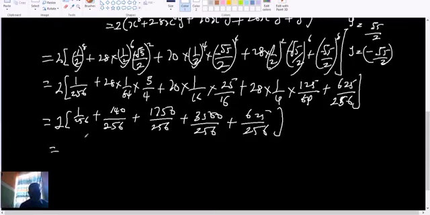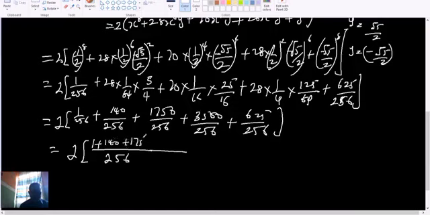Then the LCM is the same thing, so you will have 2 into brackets. So you have 256 over, so you add all this together, so you have 1 plus 140 plus 1750 plus 3500 plus 625.